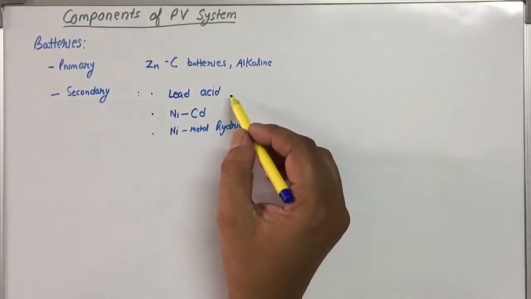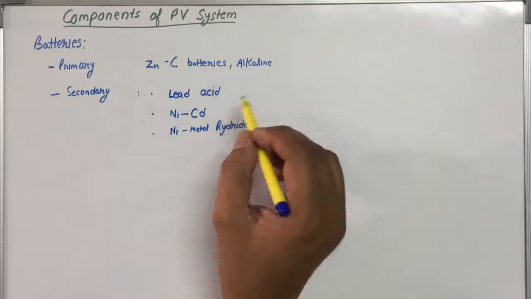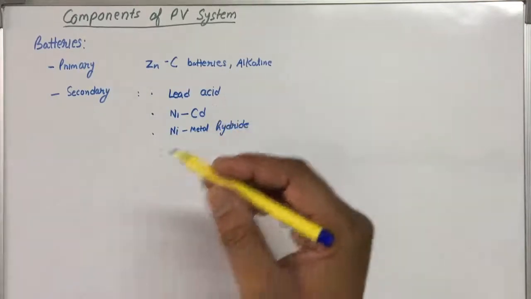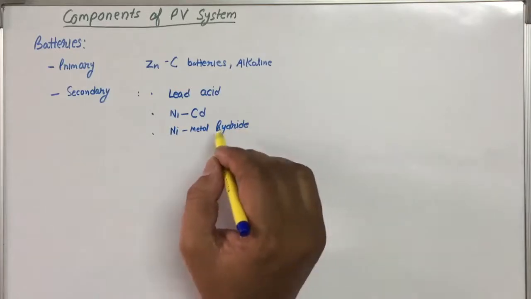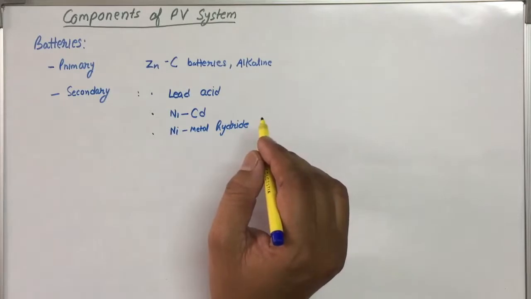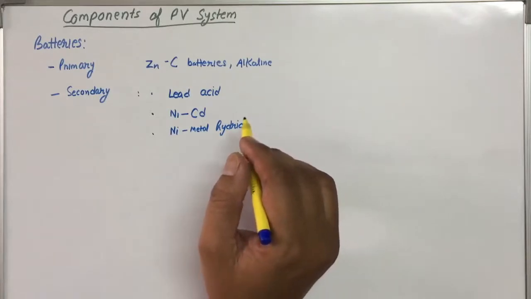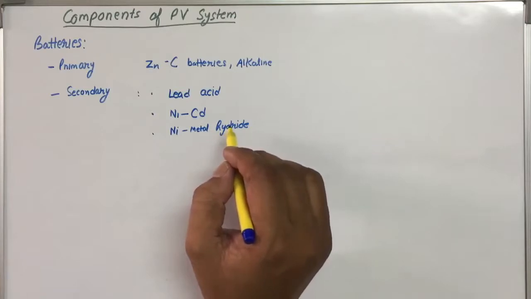Lead acid is the most mature type of battery. However, nickel cadmium suffers from the memory effect; it loses its life if repeatedly charged and discharged. And nickel metal hydride has good energy density, but it suffers from high self-discharge.